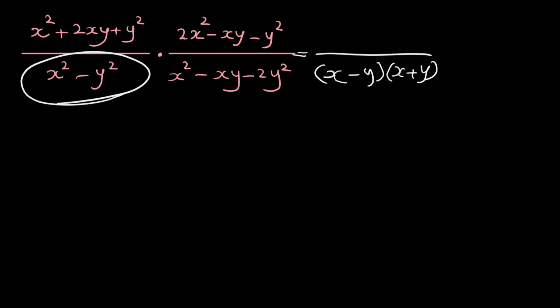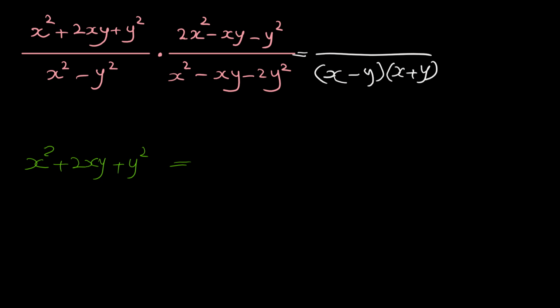What about the numerator? For the numerator, please pay attention. For x^2 plus 2xy plus y^2, because we have the variable y, maybe at first it is a little confusing how we can factor this trinomial.